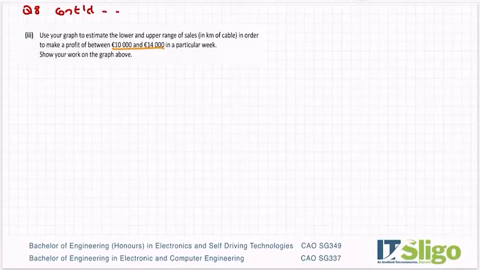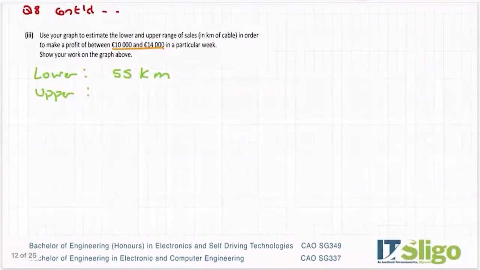So lower, 55 kilometres. And upper, what did we say it was? 83 or something like that.